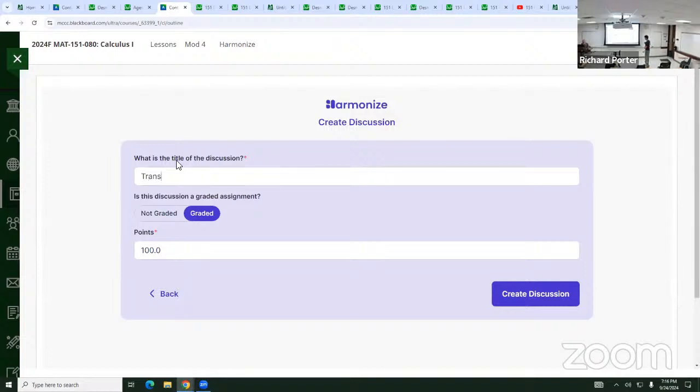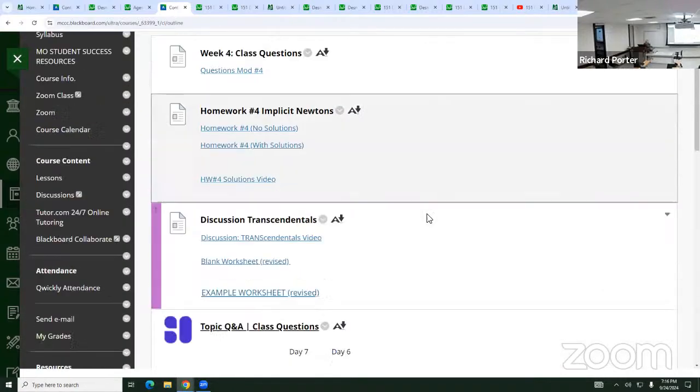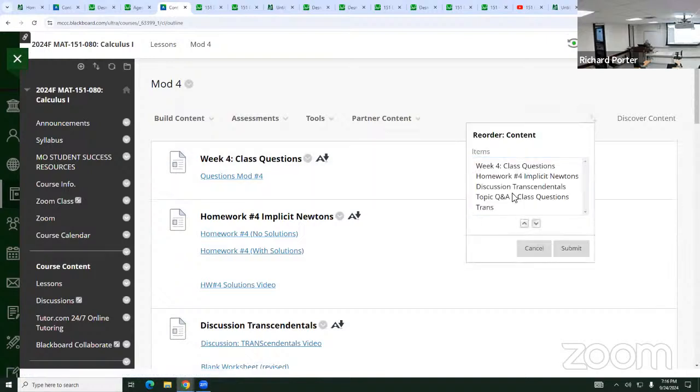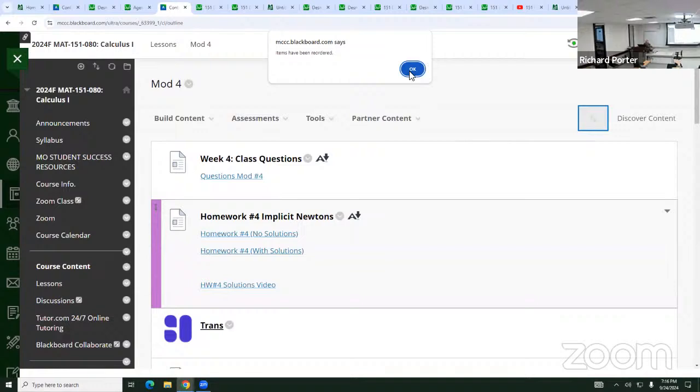Traits. 15. Okay, there it is. It's created. I'll clean this up later.